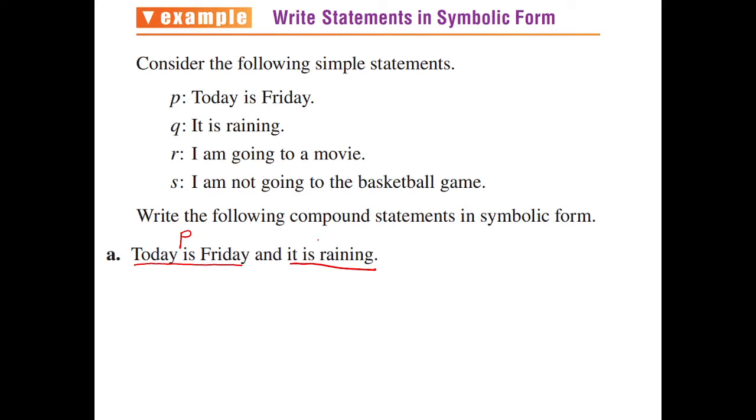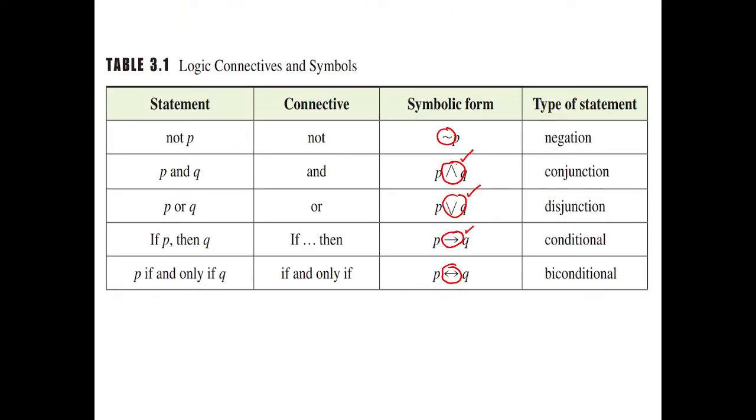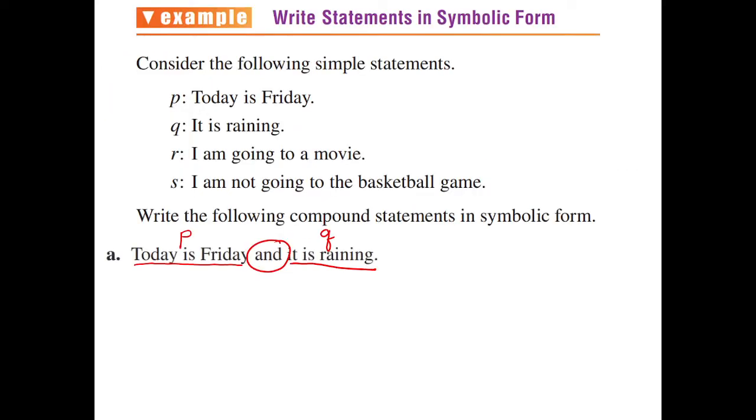The letter Q. What was the symbol for and? Go back to the statements. Where is the and? Yes sir, this is the symbol for and. So therefore, if I write this in symbolic form, this is the symbolic form for letter A.